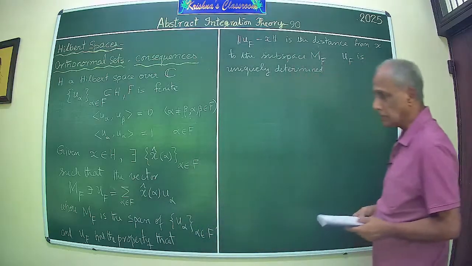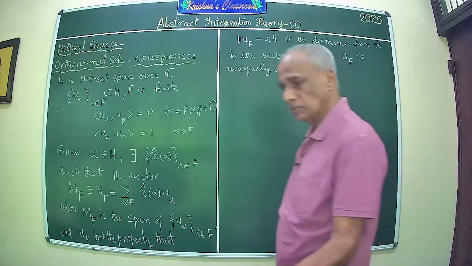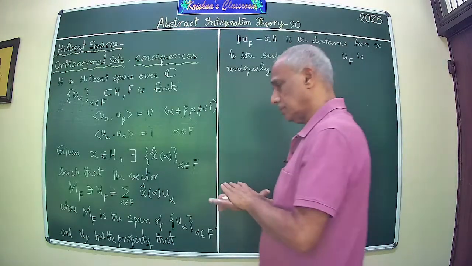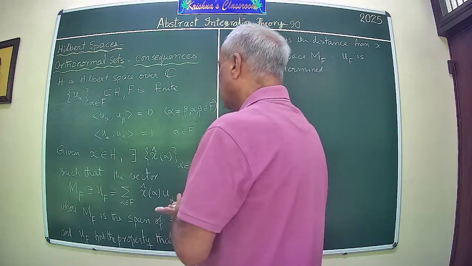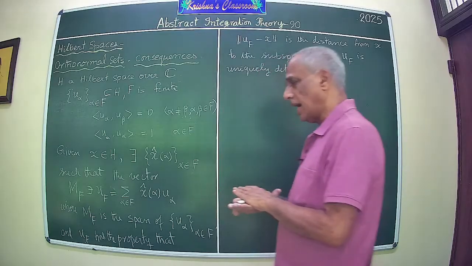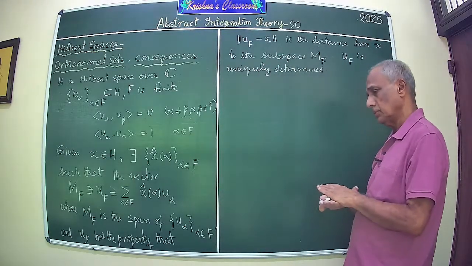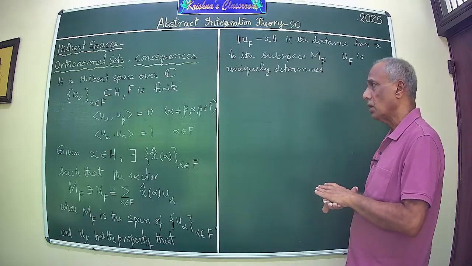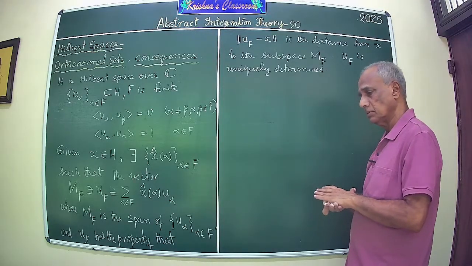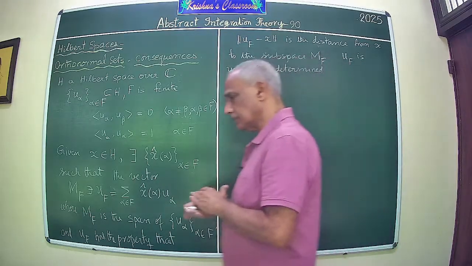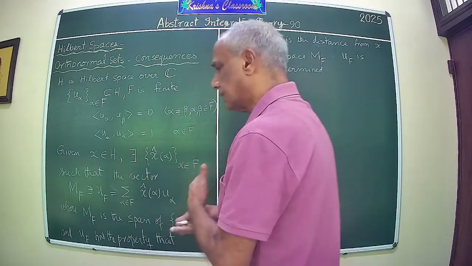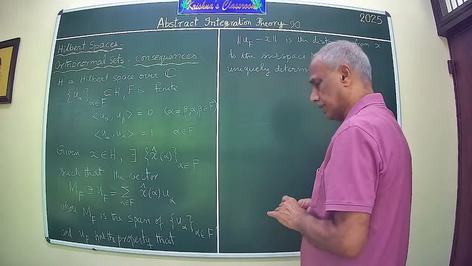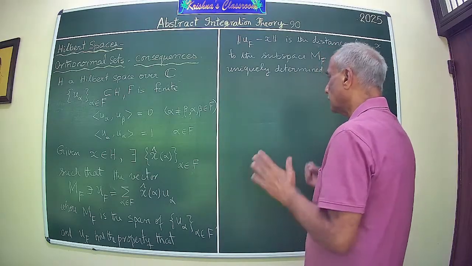The interesting aspect is that we know that given a Hilbert space and a closed subspace of H, for any x, there is a vector that lies closest to the vector inside the subspace.